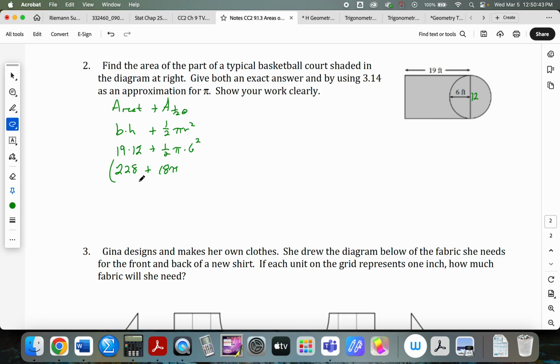So this is the exact answer, and it was in feet, so my units are square feet. I have to put that in parentheses so that the square feet applies to the whole thing. It's not 228 plus 18 pi square feet, it's 228 plus 18 pi, all square feet. Okay? And so this is the exact.